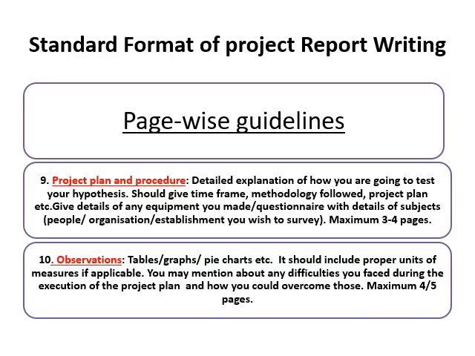The next page will be the project plan and procedure. In the project plan and the procedure, you can explain in detail the testing of your hypothesis, how you are going to do the project, the details, the questionnaires, and the proper explanation of that, and it should not be more than 3 or 4 pages. Next will be the observation.